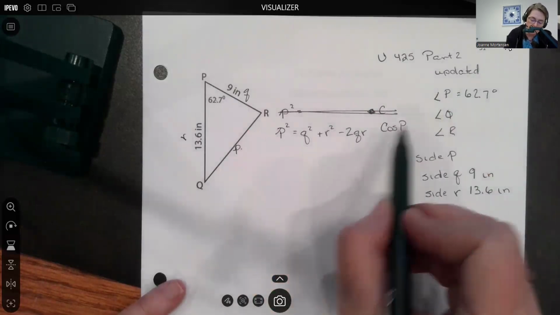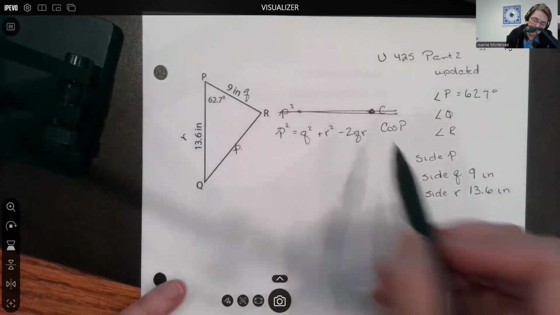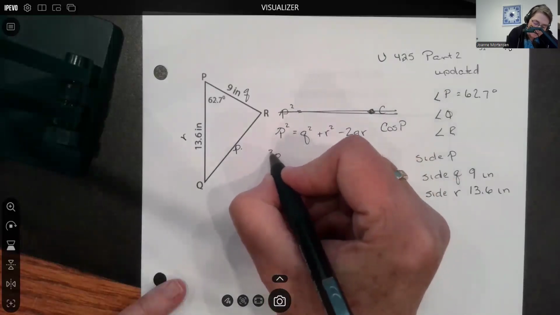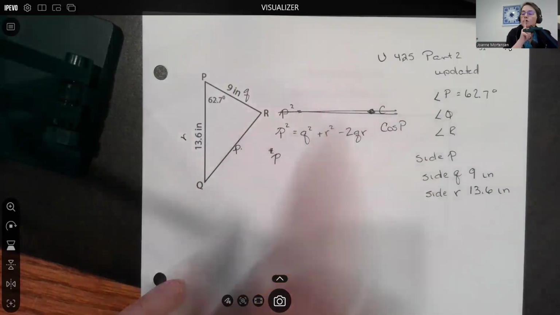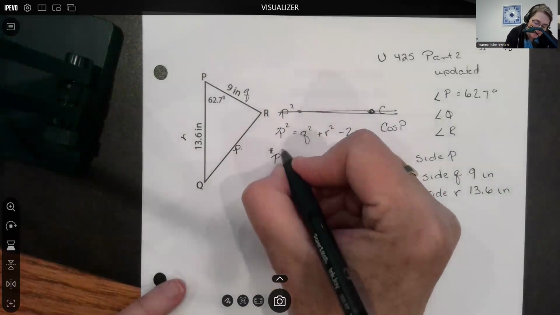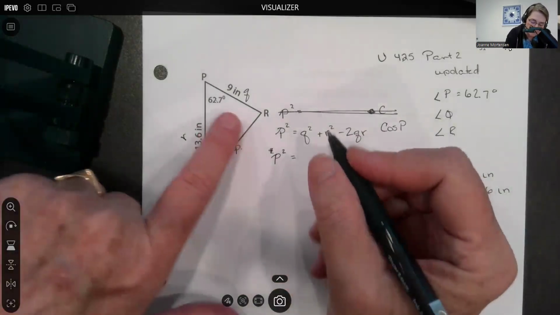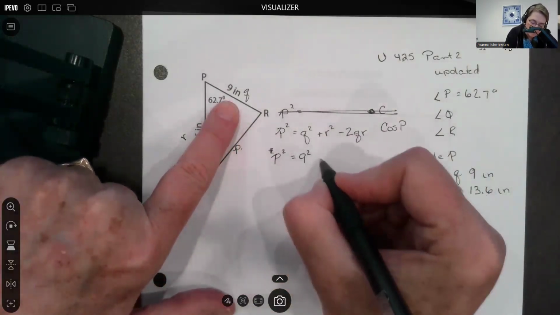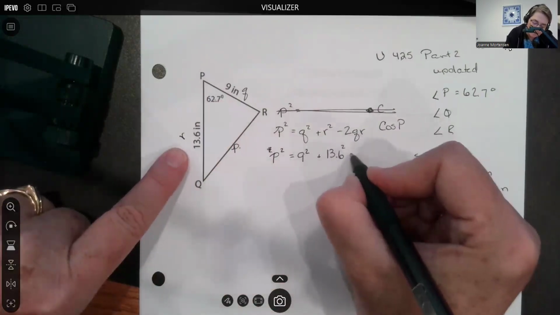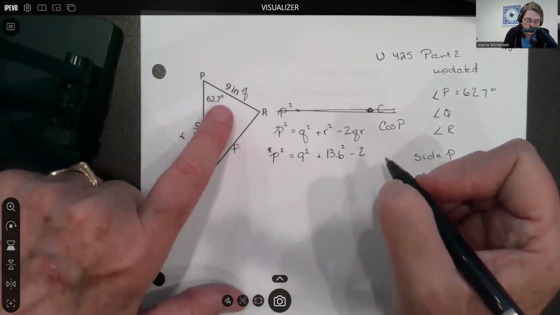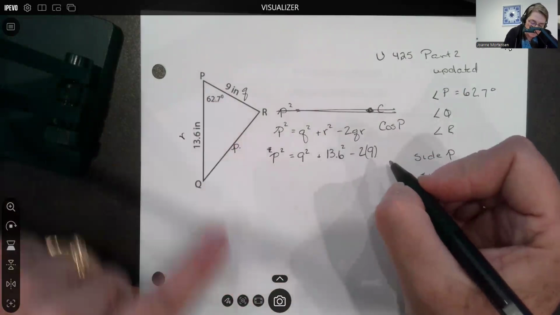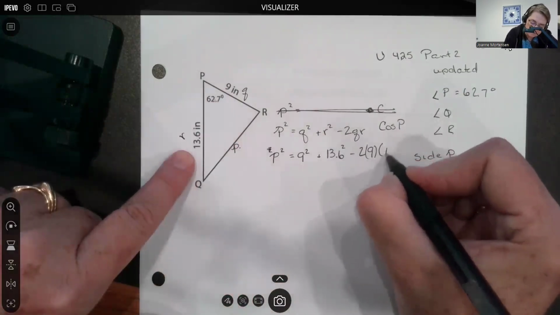There's p, q, r, we're good. So p squared is equal to, what is q? 9 squared plus r is 13.6 squared minus 2 times q, which is 9, and r is 13.6.